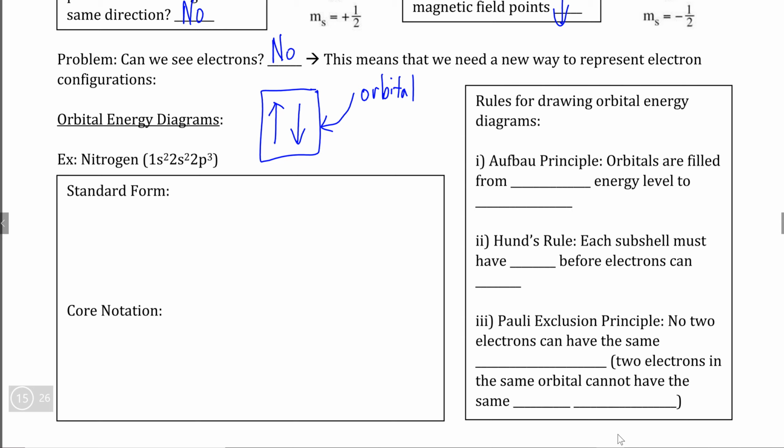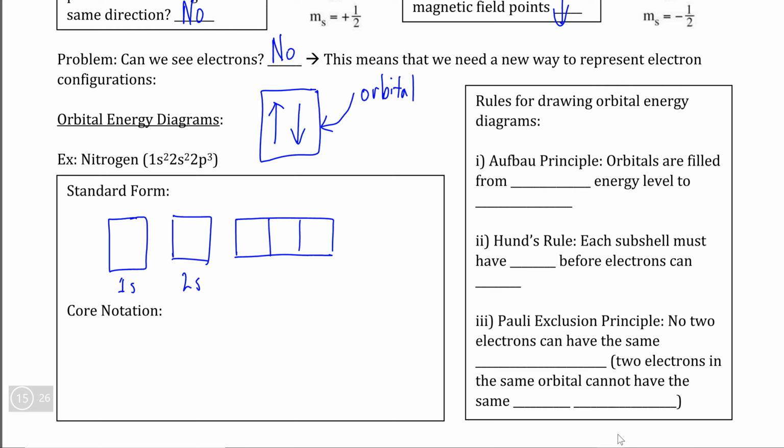If we apply this to an actual element, in this case nitrogen, we can draw our subshells and orbitals to match this. So one box represents the 1s subshell, the next box represents the 2s subshell, and because a p subshell has 6 electron capacity in total, we can break it into 1, 2, 3 orbitals like so.